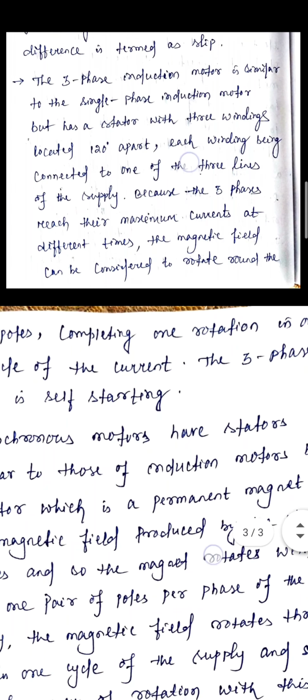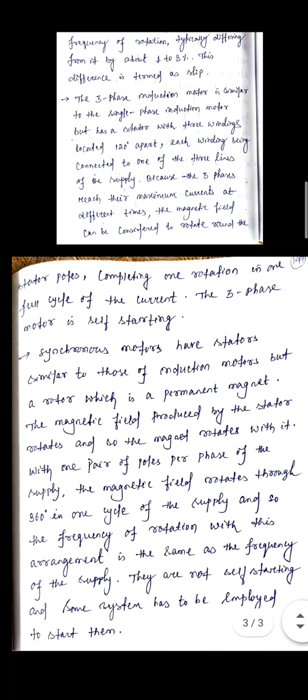Now you can see here, I am reading that line again: because the 3 phases reach their maximum currents at different times, the magnetic field can be considered to rotate round the starter poles, and it completes one rotation in one full cycle of the current. But one thing you remember, the 3-phase motor is self-starting, but the single phase motor is not self-starting.